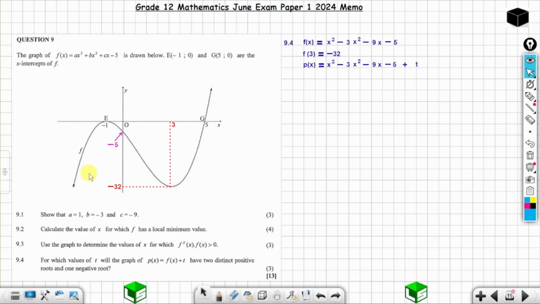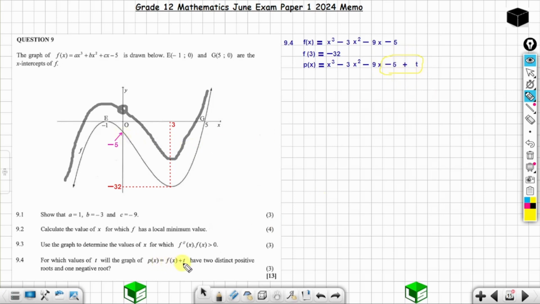Okay, so you need a new y-intercept, because if you shift the graph vertically upward, you are going to have a new y-intercept. So this is your y-intercept, the new y-intercept.